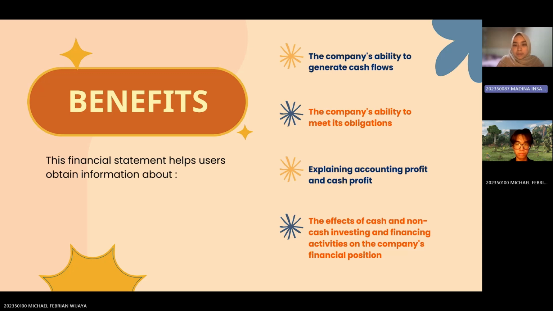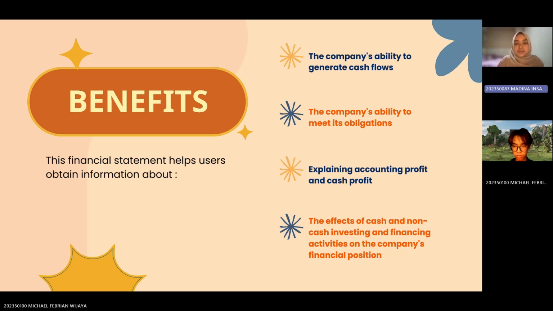And next is the company's ability to meet its obligations. This shows us whether the company can pay its debts and liabilities on time, ensuring financial stability and trust from creditors.